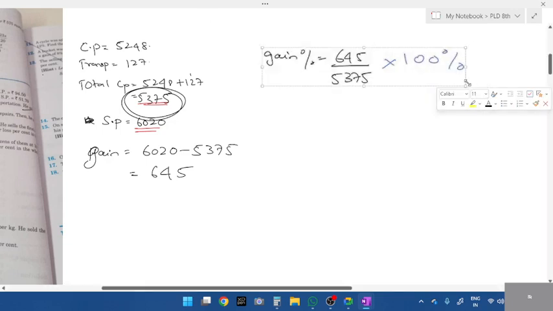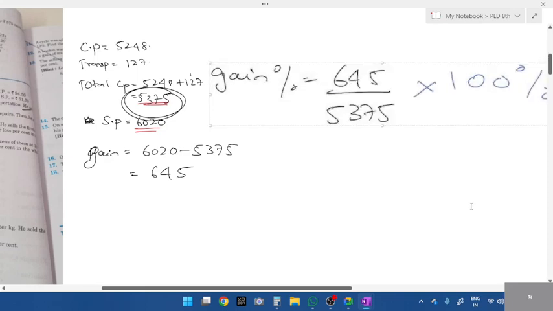The last number is 5, so it will definitely be divisible by 5. Both will be divisible.